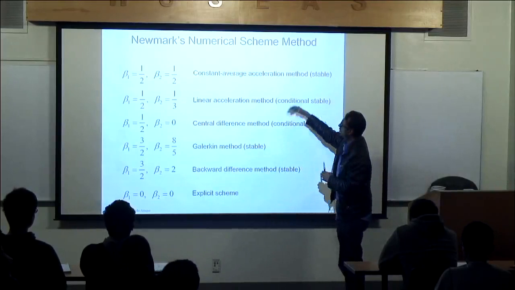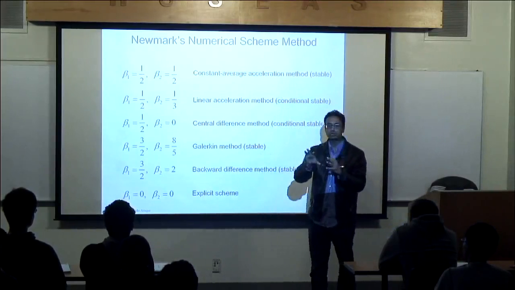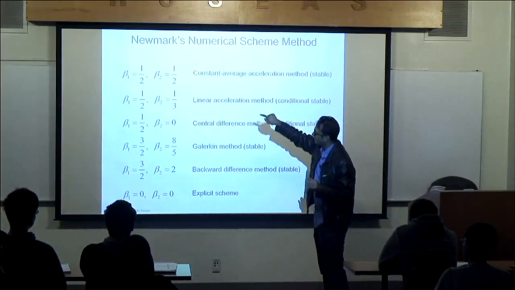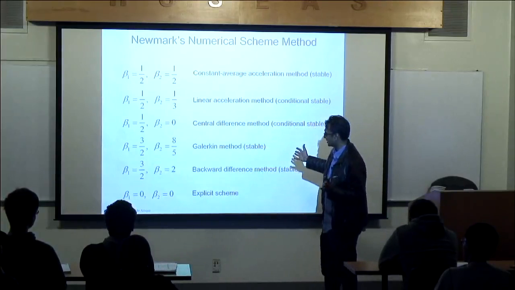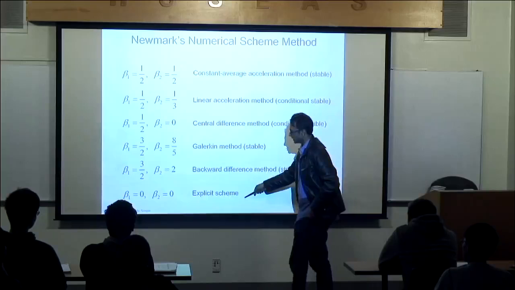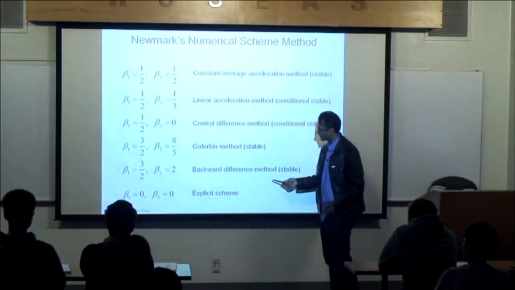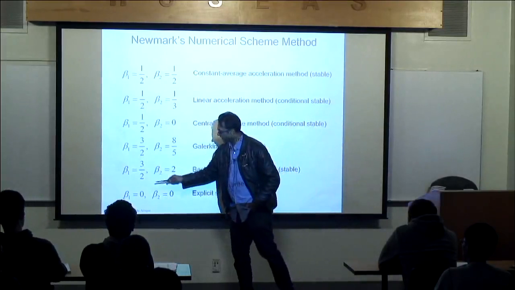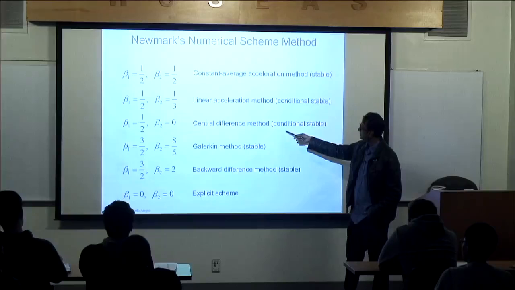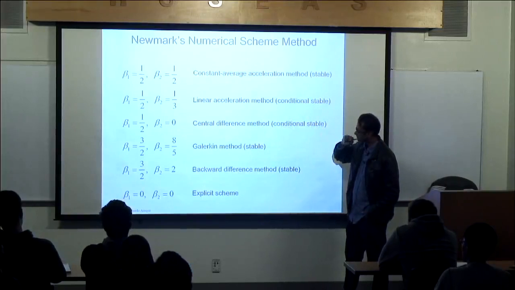Okay? I don't want you to memorize any of this. That's not my goal here. My goal was to show you Newmark's beta method because it's the most general method. And then for these particular values of beta, you can actually get different techniques. So for the explicit scheme, we have beta 1 is 0, beta 2 is 0. Okay? Backward difference method, if you make beta 1 3/2 and beta 2 equals 2, you'll get the backward method. Central difference method is beta 1 equals 1/2, beta 2 equals 0.